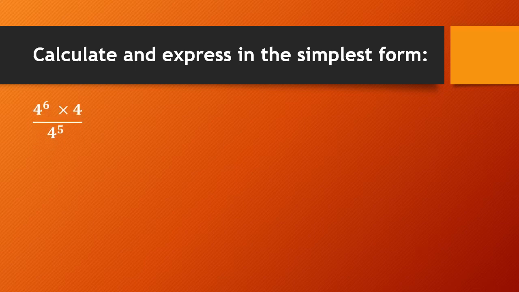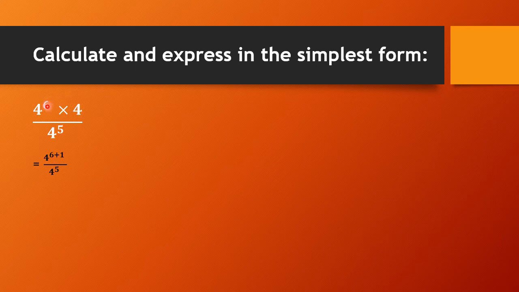4 power 6 times 4 over 4 power 5. In this exercise, we can notice that all bases are the same. So we will put 4 as the base of the numerator and add the powers, 6 and 1, because any whole number has the power 1.